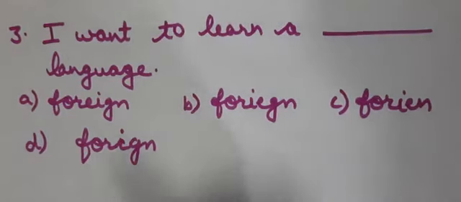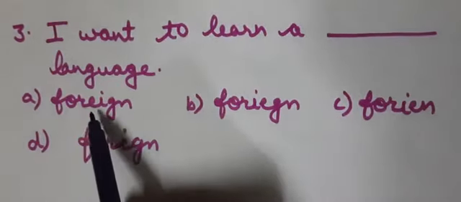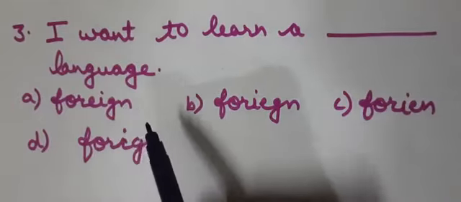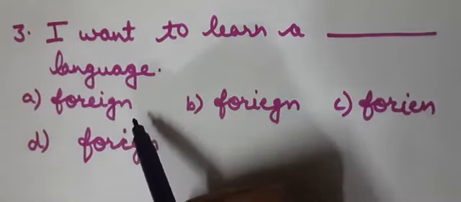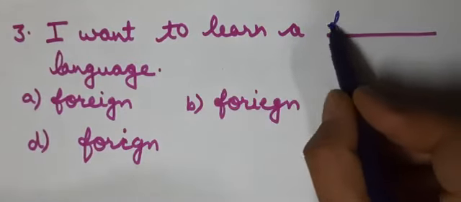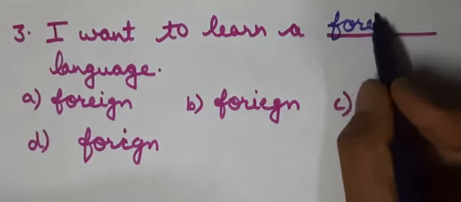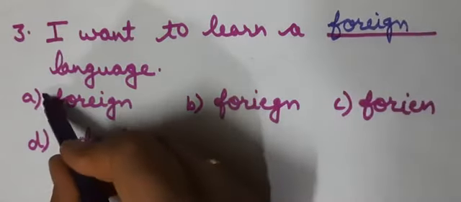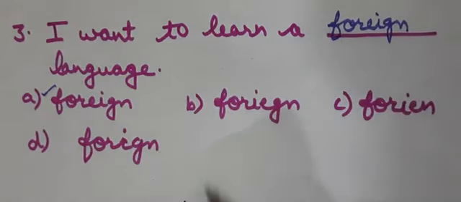So here the answer will be foreign. So we will write the correct answer over here, foreign, and tick the correct answer. I hope you understood how to do these questions, how to find out that the spelling of the word is correct, and you have to tick the correct answer.